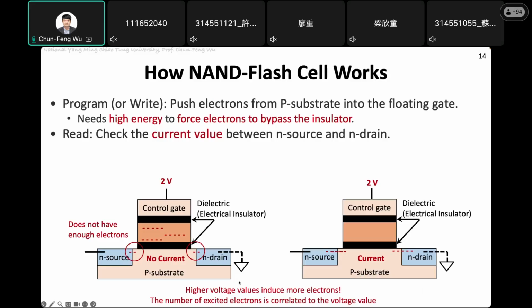One note here is that higher voltage values induce more electrons from the P substrate, and the number of excited electrons is correlated to the voltage value. When we apply 20 volt, there will be a large amount of electrons. If we use 2 volt, you get only a few. But if you first use 20 volt and then 2 volt, you will get the least amount of electrons. This is the idea behind program and read.